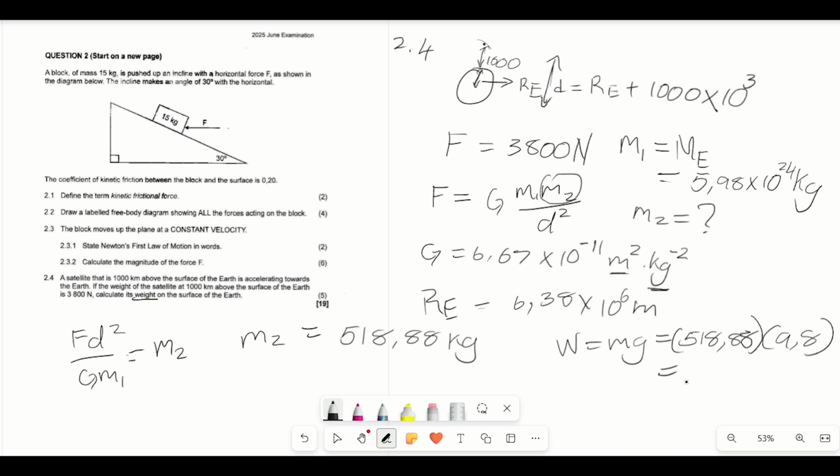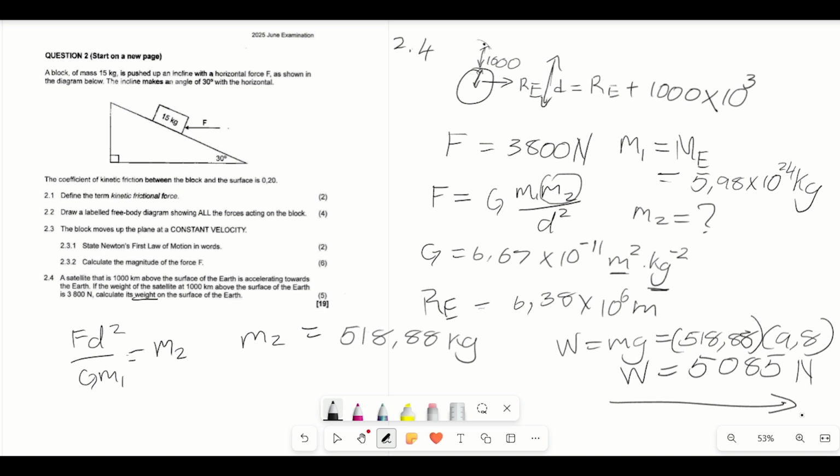That should also be in your constants. So multiplied by 9.8, we get 5,085 newtons. And that is our final answer.